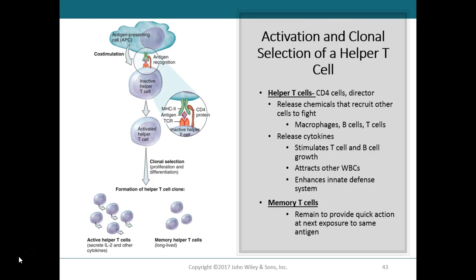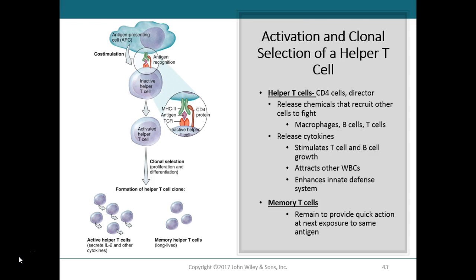Antigen recognition also involves other receptors on the cells. So T cells have receptors that are CD4 or CD8 proteins. These are referred to as co-receptors. Okay? So there are T cell receptors that are going to bind to the antigen fragments on the MHC complex, on those antigen presenting cells.